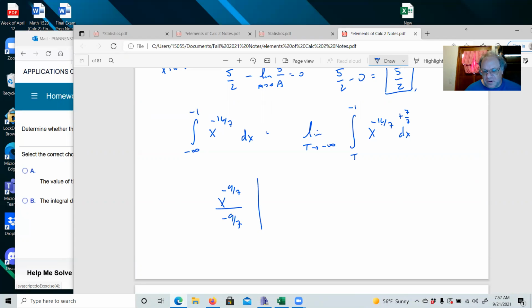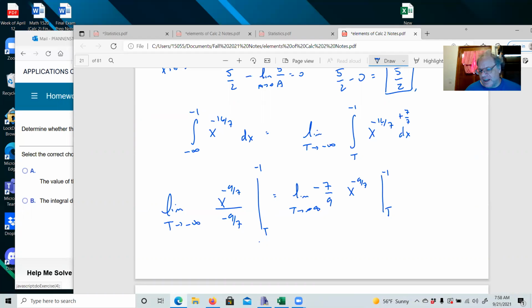We're going to be going from t to -1, but because we wrote down our t, we have to say what the heck is t, and t is going to negative infinity here. So let's go ahead and say this is -7/9 x to the -9/7, going from t to -1, limit as t approaches negative infinity.